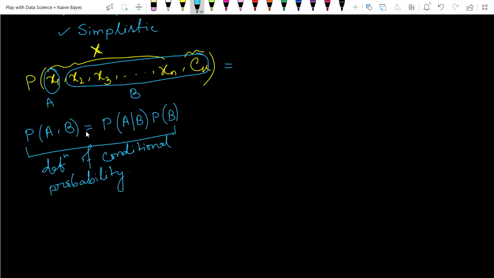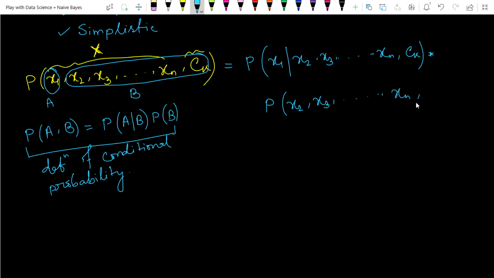Nothing else, just now put down this thing here. So now A is simply x1, given B. B means x2, x3, just continue with the flow, xn, that is xn comma c, into the probability of B, which means x2, x3, xn, ck.